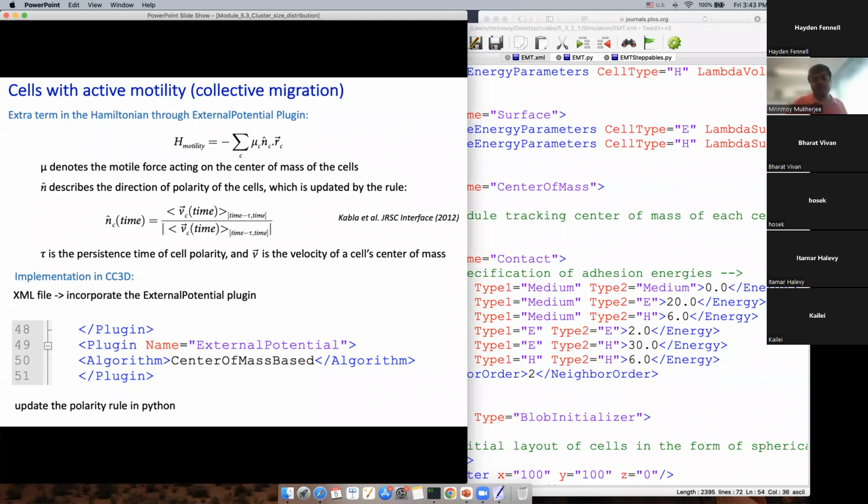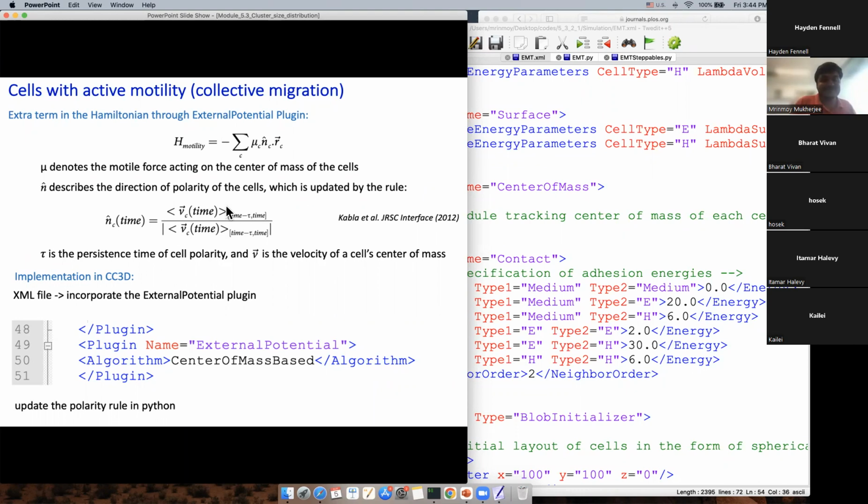There are many other ways also. In the Vicsek kind of model, the polarity direction is calculated by the average direction of the neighbors, and you will find many modifications of this rule in many papers. There is a certain finite memory of the cell, so there you then have to add a decay term. We'll choose this simple rule. This is the last exercise, I promise. The other part I will discuss only the results.